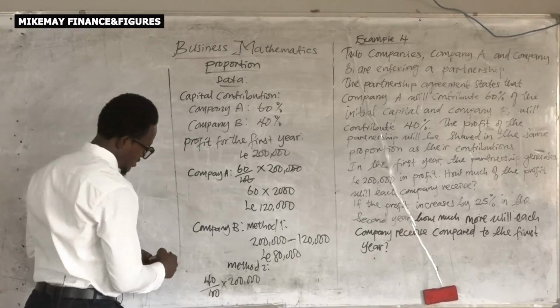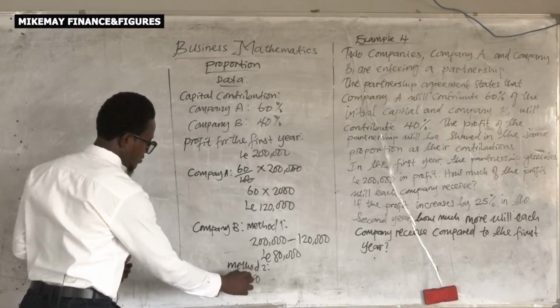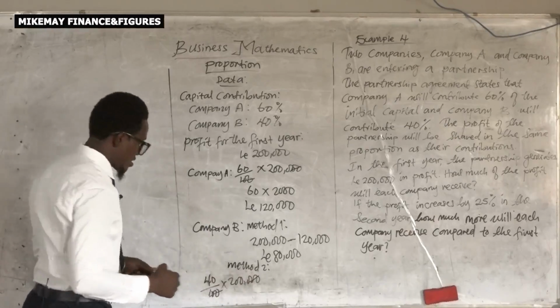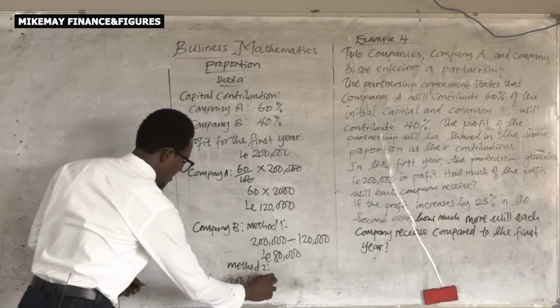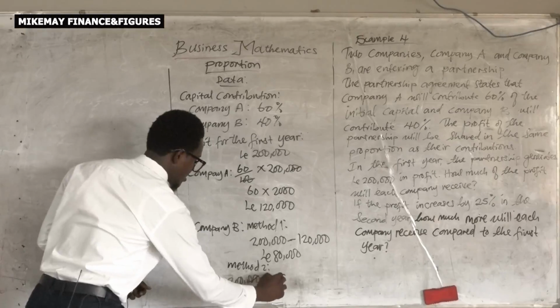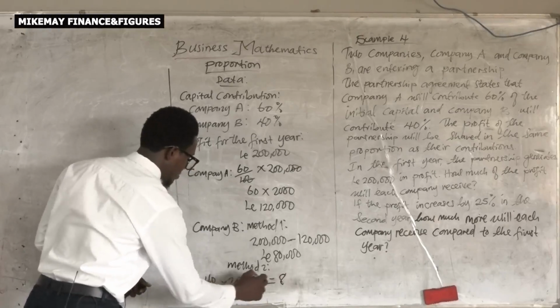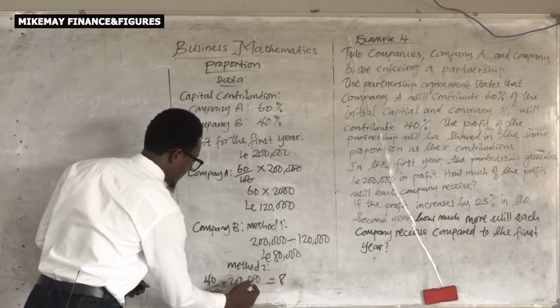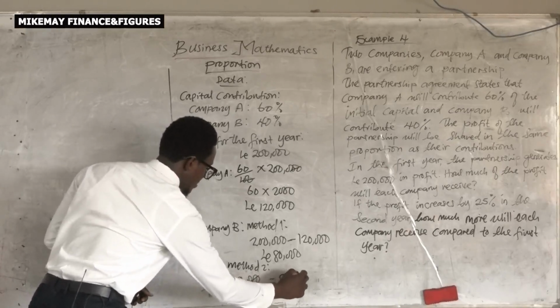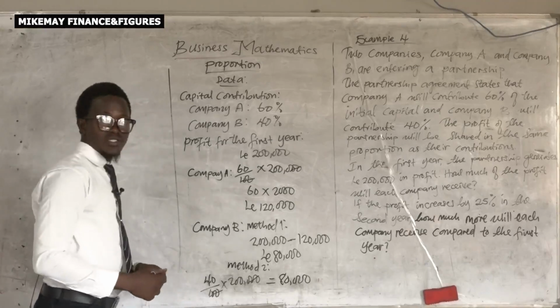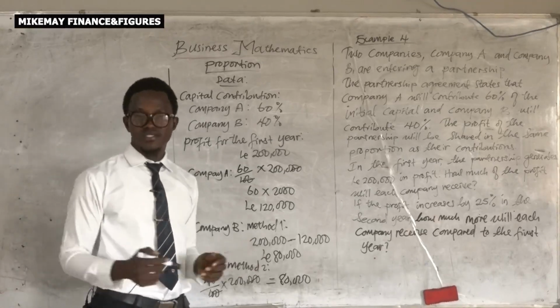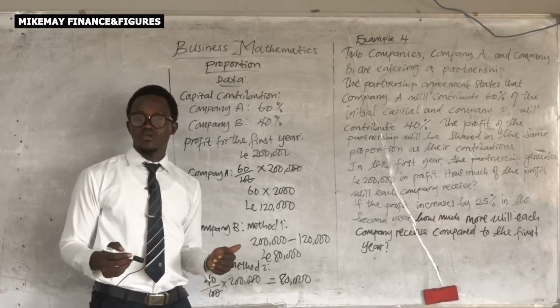Okay? Don't forget, 2 zeros and 2 zeros will knock each other. Then we can just easily multiply 4 and 2, which is 8. And we have how many zeros? 1, 2, 3, 4. So let's write them. You see that's 80,000. That is method 2. Easy peasy. I did tell you.